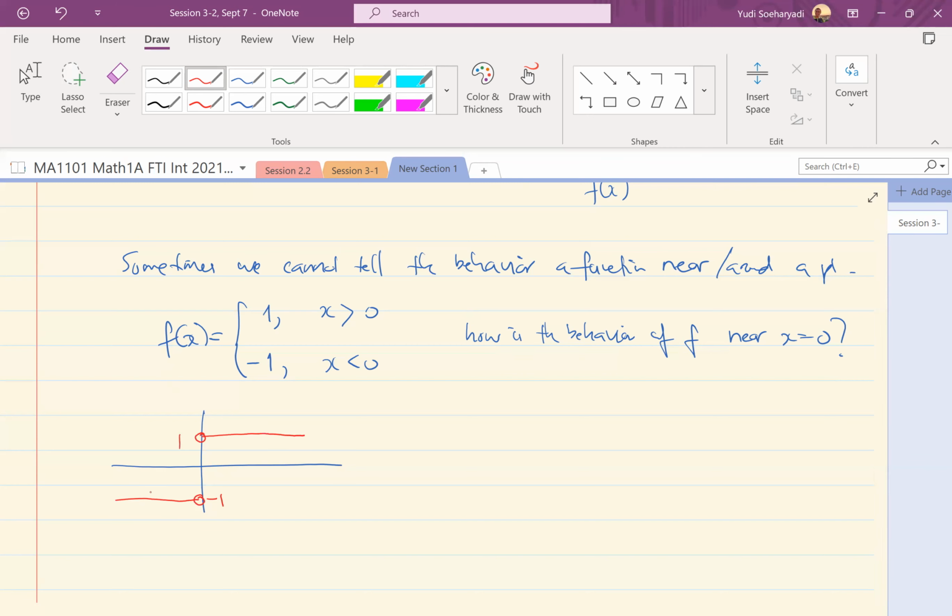Okay. Now, we know that f of 0 is undefined. So you question what the values around x equals 0 are.